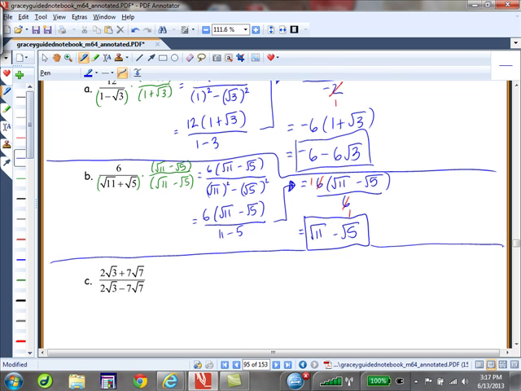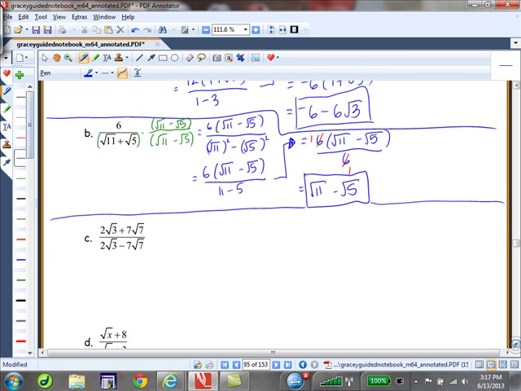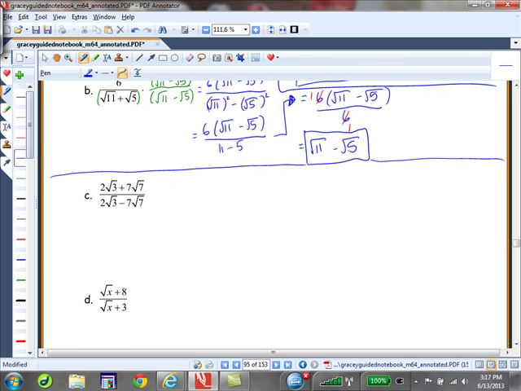All right, so part C. You've got to be careful in something like this. You might want to reread the directions to figure out what you're rationalizing. We're rationalizing the denominator. So the conjugate of the denominator is going to be 2 root 3 plus 7 root 7.